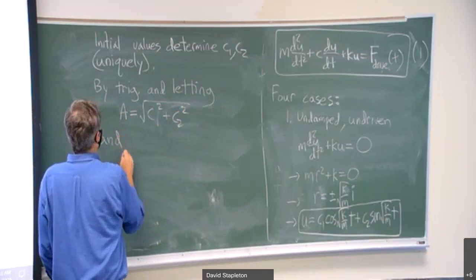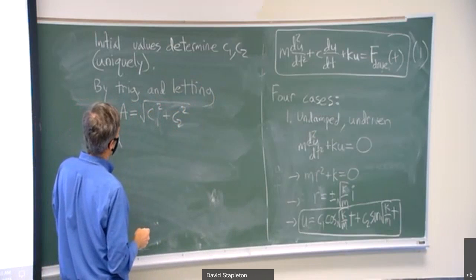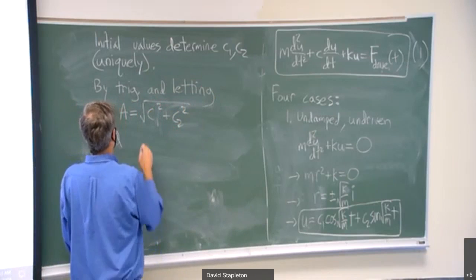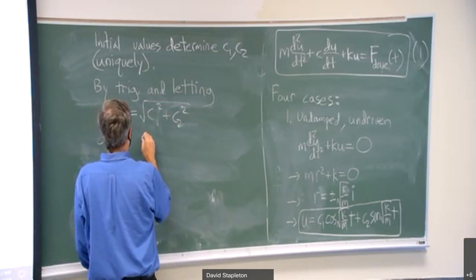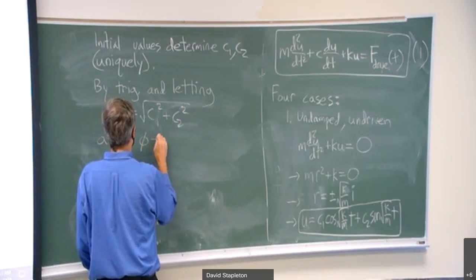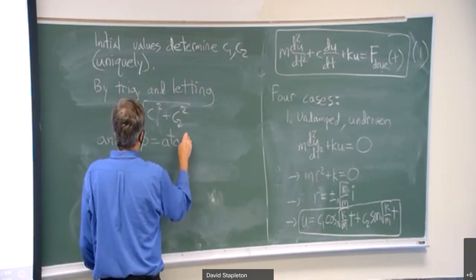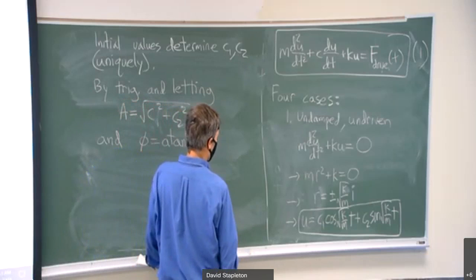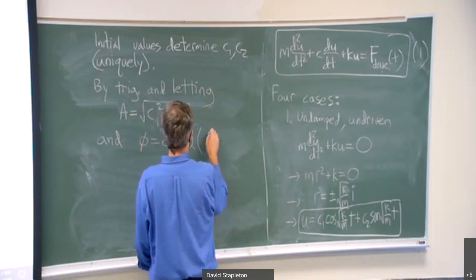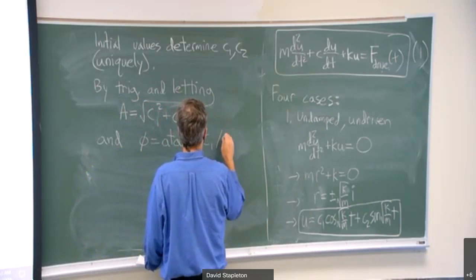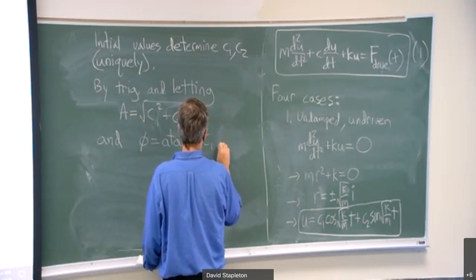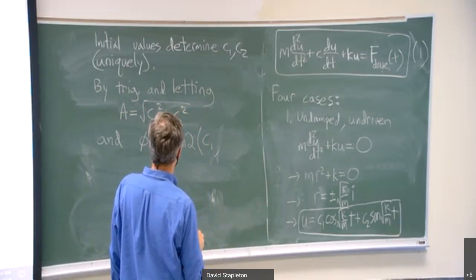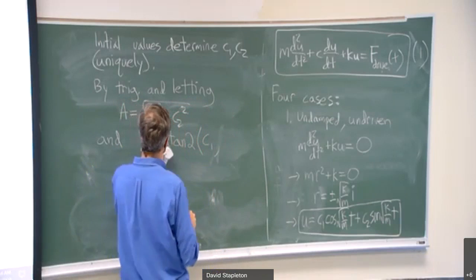And you're going to let a variable phi equal a tan 2. Remember we mentioned the a tan 2 function before, of C1 over C2. Maybe I better just do arctangent.